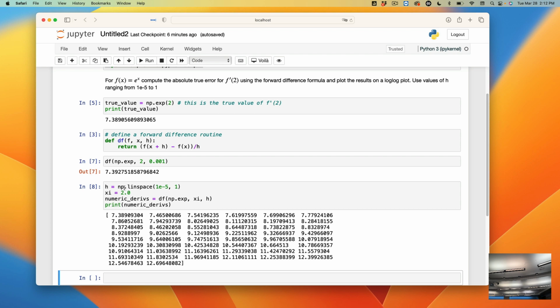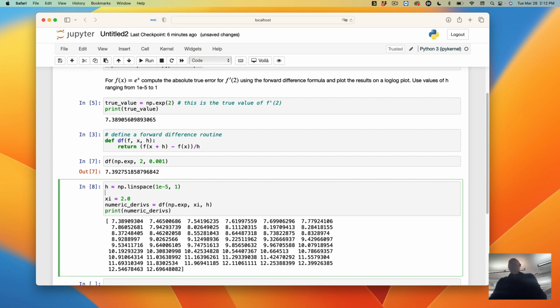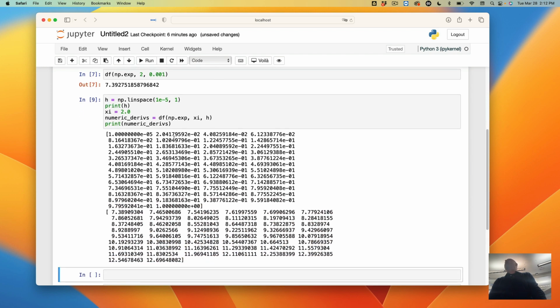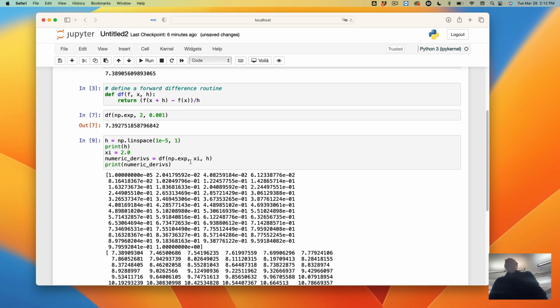What are those values of h? They're the values in the linspace, okay? So if you print h, okay, 10 to the minus 5, to 10 to the minus 2, etc., and so on. Those are all the values in that linspace.